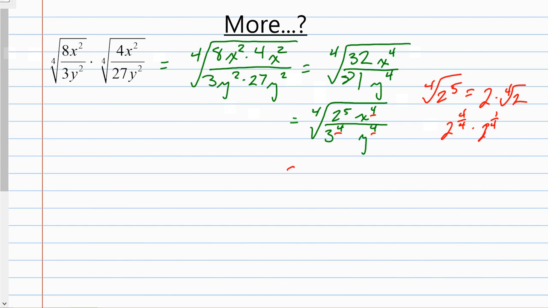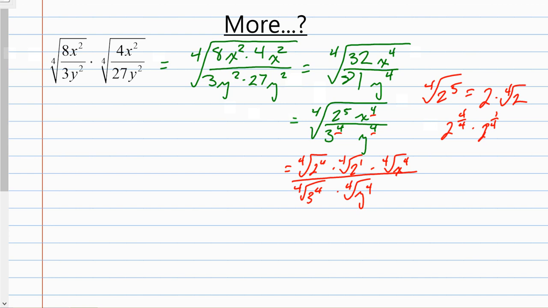So I'm going to simplify this. I'm going to have the 4th root of 2 to the 4th times the 4th root of 2 to the 1st times the 4th root of x to the 4th all over the 4th root of 3 to the 4th times the 4th root of y to the 4th.